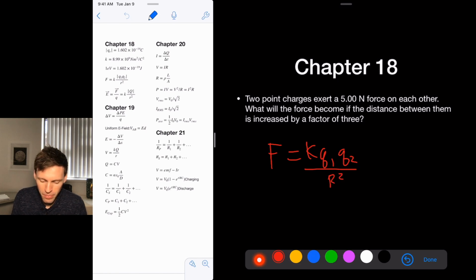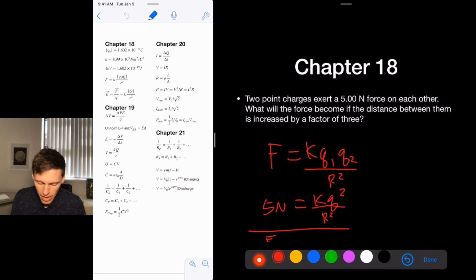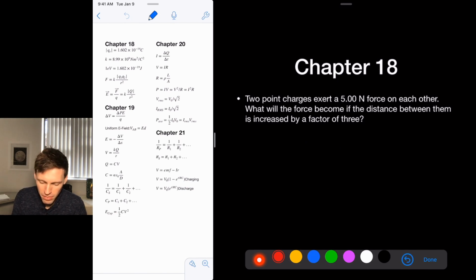You've got 5 newtons of force in this given configuration over R squared. And then let's say we change it. So we're going to have some new force. Whenever you have a problem like this, you can divide them. We're going to have the same KQ squared, but now our R is going to be 3R squared.